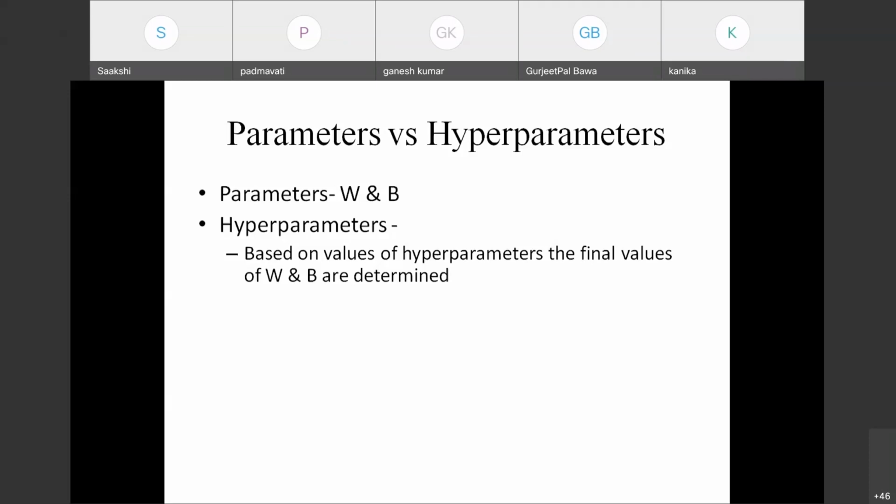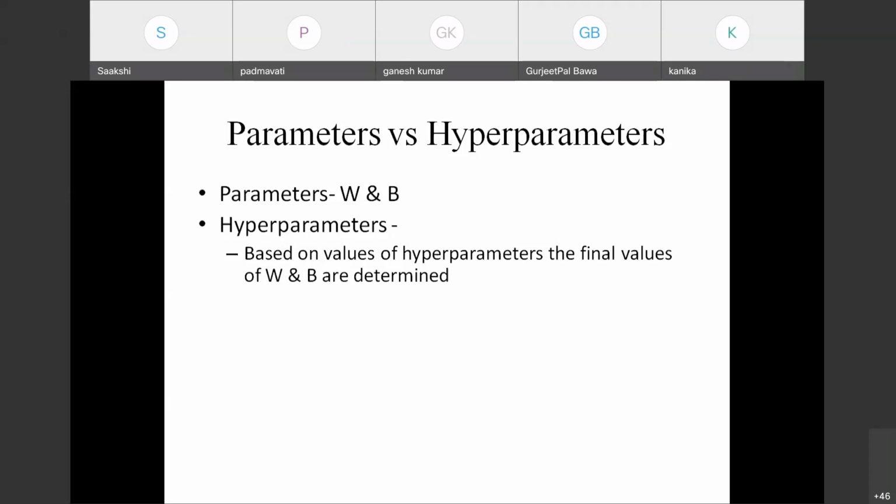In this example we have changed just by 0.3. From 0.2 to 0.5 I've changed the weight values, and by changing this my loss has increased, correct, from 0.5 to 0.9. So now, the hyperparameters are the parameters based on which, if you change very minute values in these hyperparameters, the final values are going to change drastically.